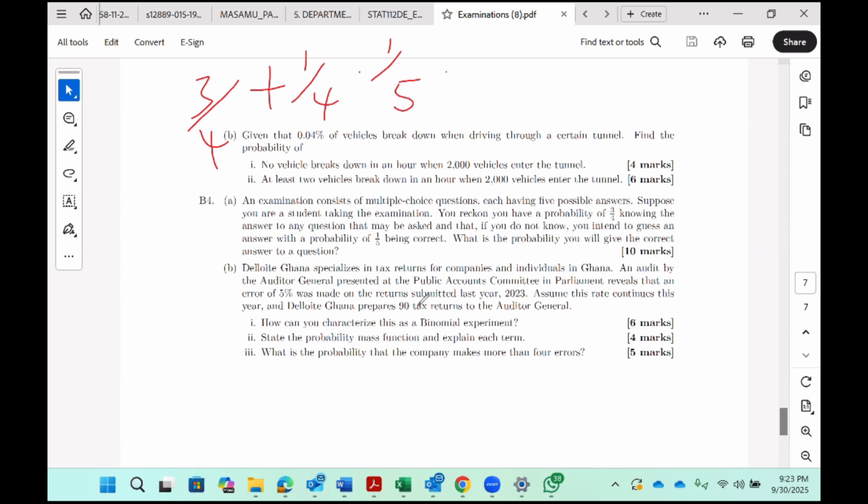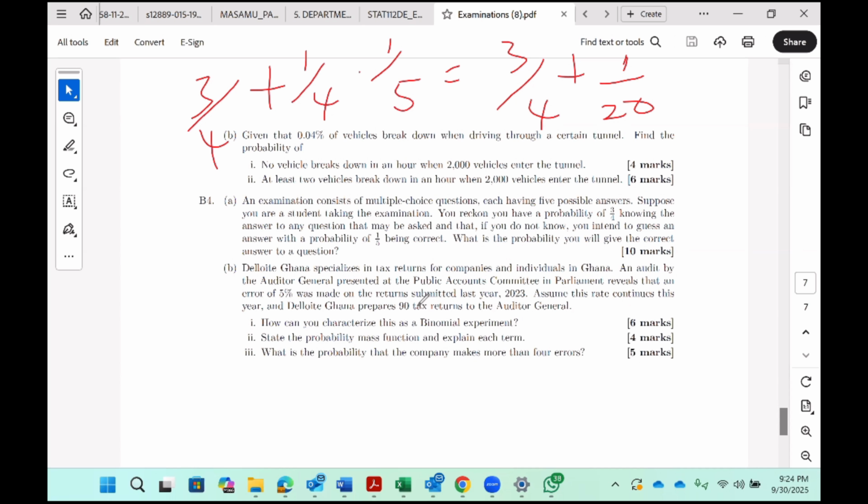When you multiply, you are going to have 3/4 plus 1/20. So when you add this to that, it will give the probability of getting the correct answer to any question.